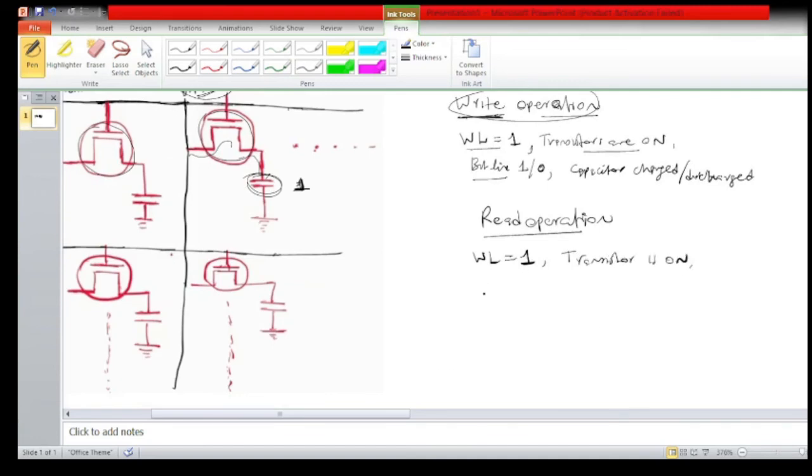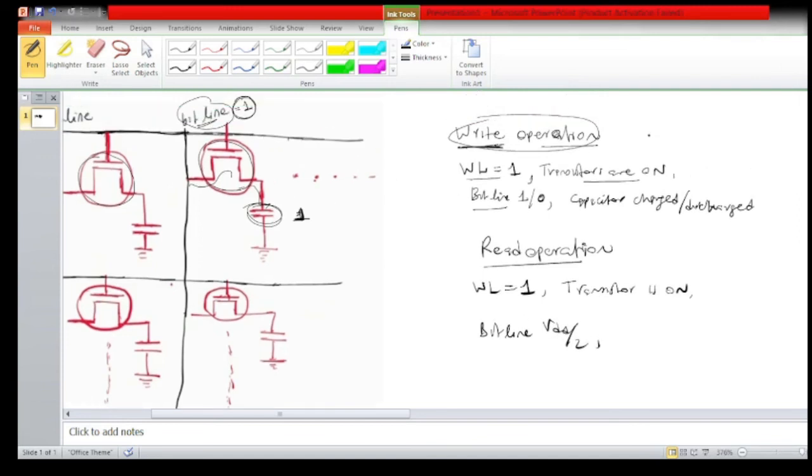And your bit line will be at VDD by 2, that is the maximum potential divided by 2, and we actually assess the trend here, what will happen to this bit line.